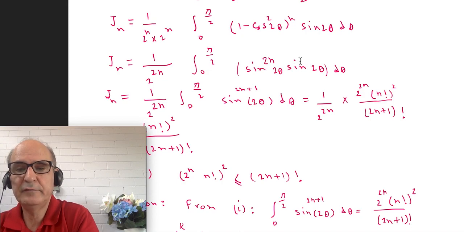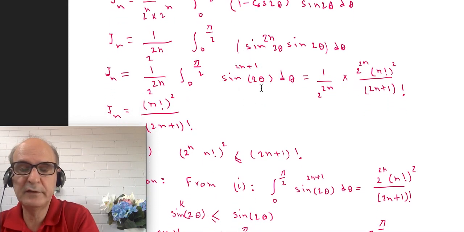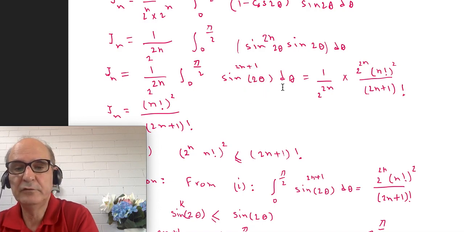Now again, if you add the powers of this and this, you end up with the original equation that we had at the start of this question, part B. And we know the answer to that.